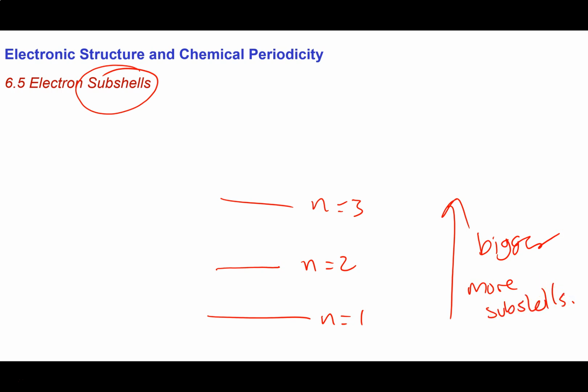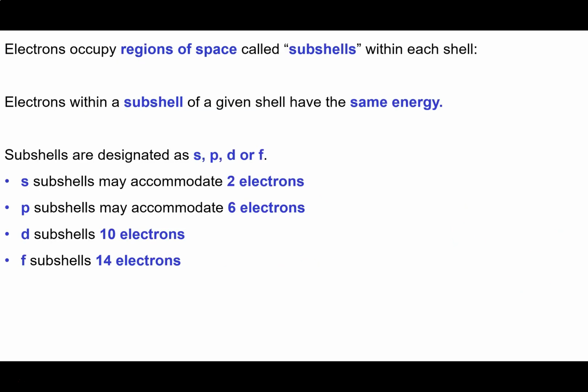Just like within a bigger state, you get more cities. So electrons occupy regions of space called subshells within each shell. Electrons within a given subshell of a shell have the same energy.